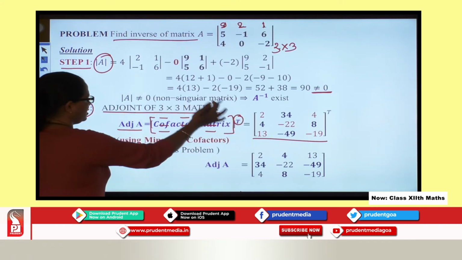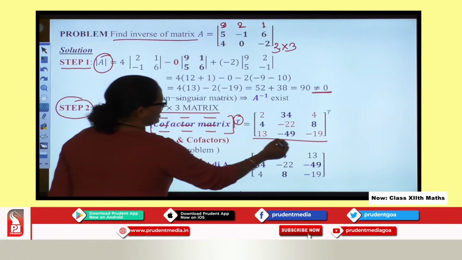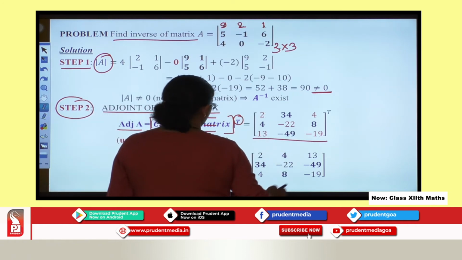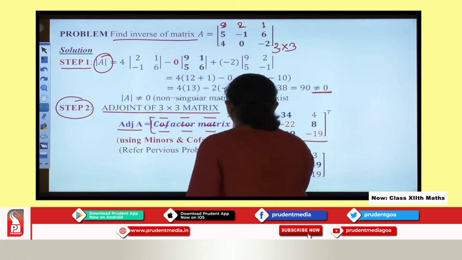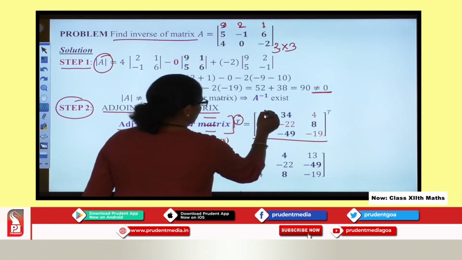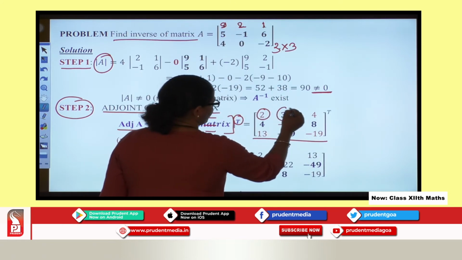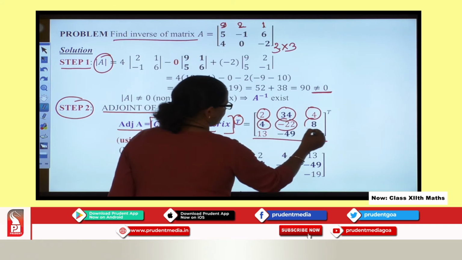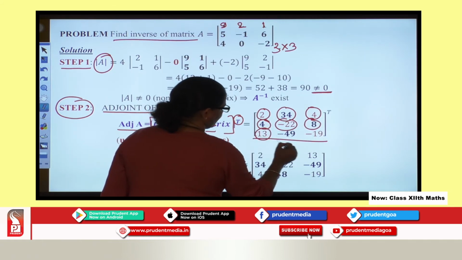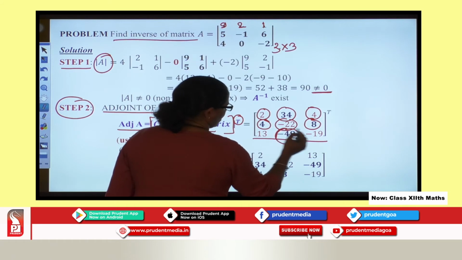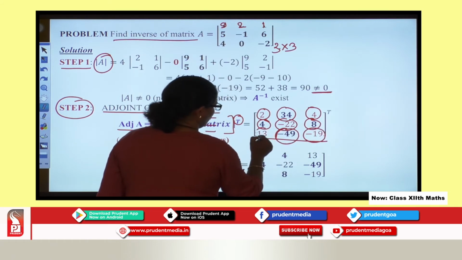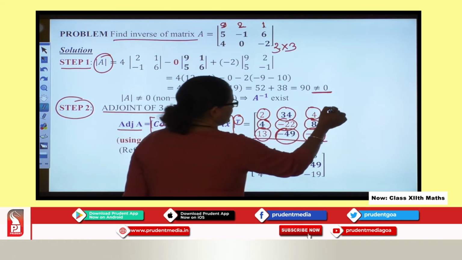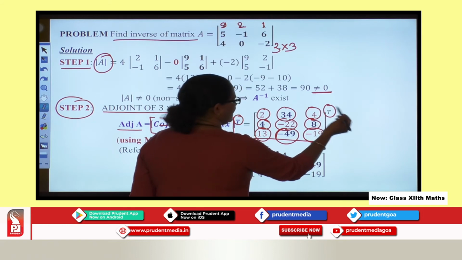After we do all this, we get this. Here you can see all the cofactors I wrote in their respective places, and what I do is I take the transpose.